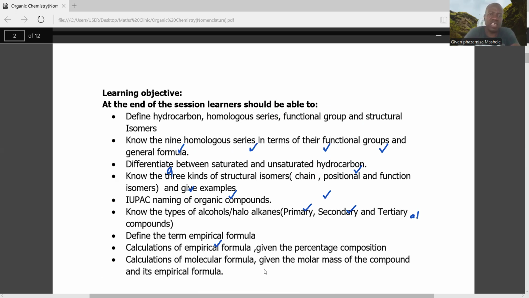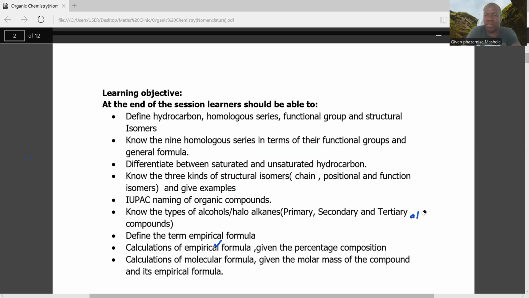So in essence, in the part of empirical formula, I can either address this using an example, but if I don't address it, kindly visit the video on my YouTube channel for the quantitative aspects of chemical change. Then you'll be able to understand how to determine the empirical formula and what an empirical formula is. I believe you guys are following. All right, without wasting time, let's now start with the first bullet point.